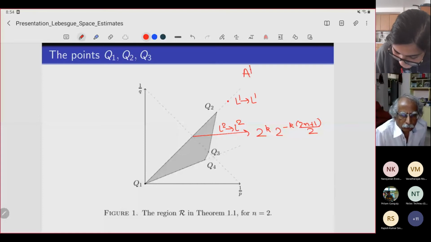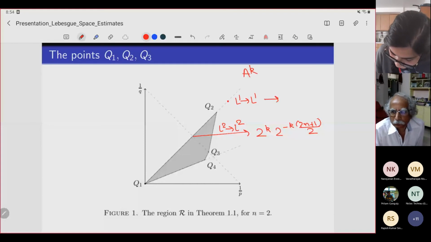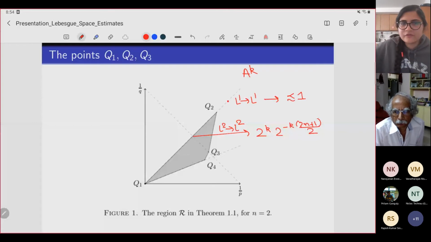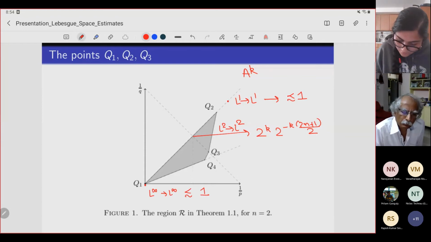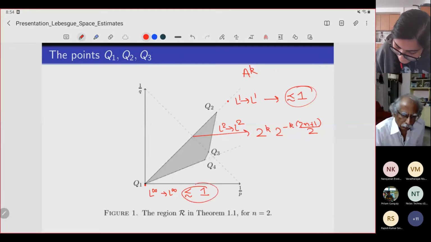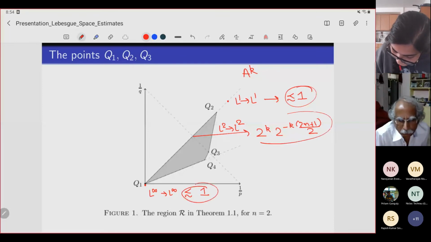Everything is happening for the operator A_k. And here you don't really gain or lose anything. It's uniformly bounded, but it's bounded for each piece A_k, so you can't really sum it up. It's very bad for that. And also for L infinity to L infinity, it's bounded by a constant. So you gain nothing here and here, but you gain a lot in the middle.